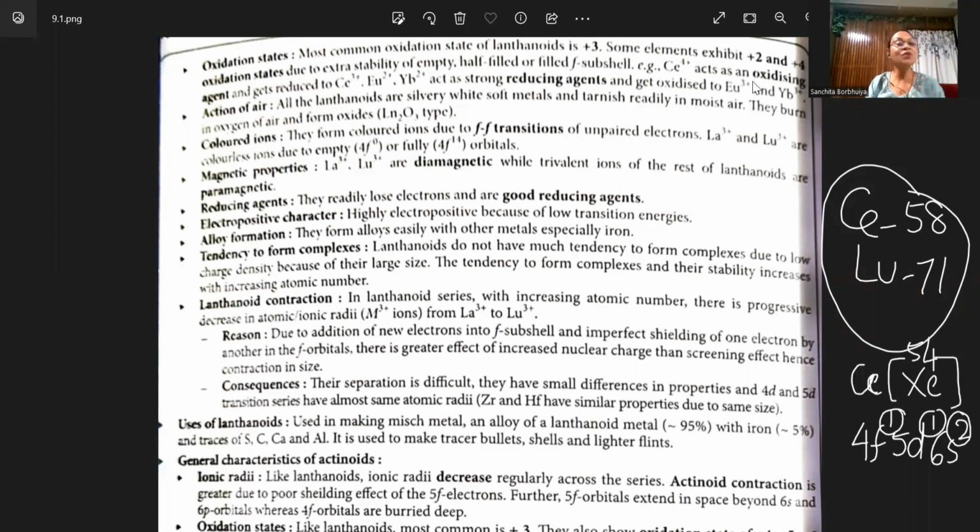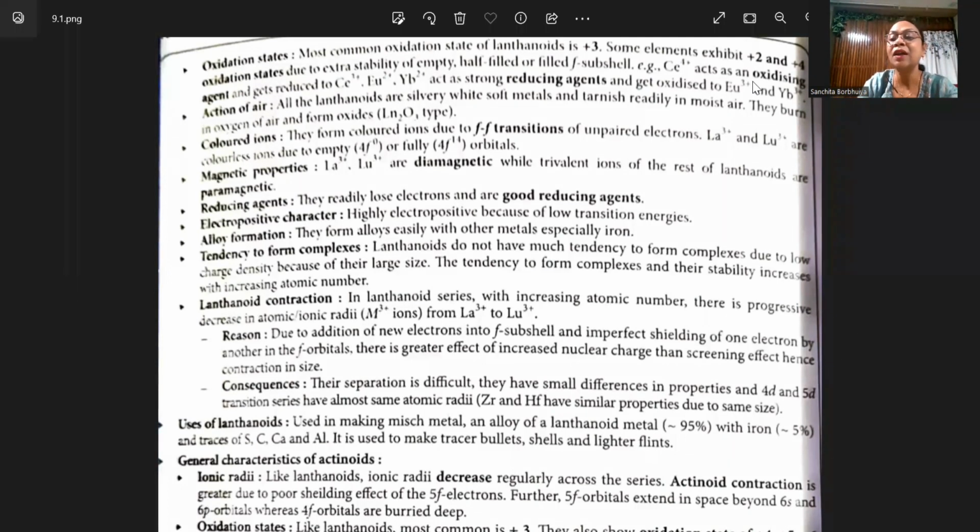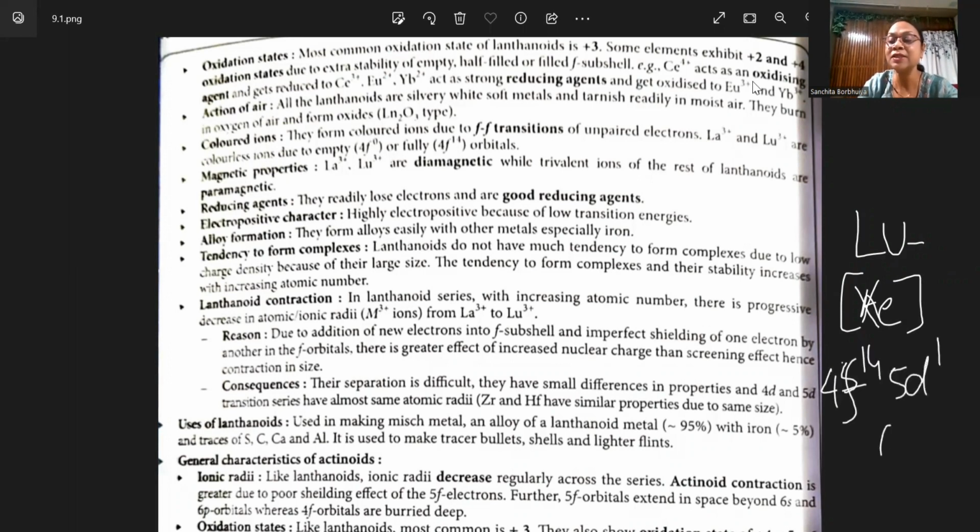Similarly, you can pick up an element of your choice, like lutetium. If you have correctly guessed it, very good. So let us take up lutetium. The electronic configuration of lutetium is xenon 4f14, 5d1, 6s2.